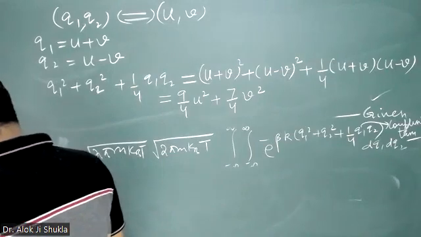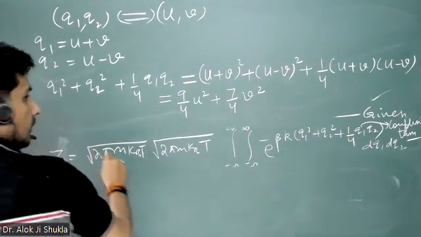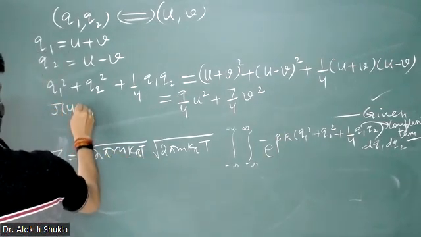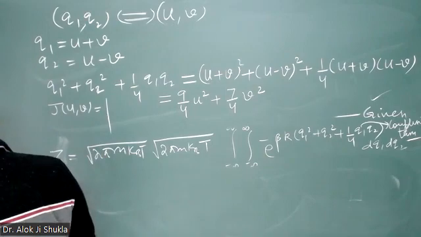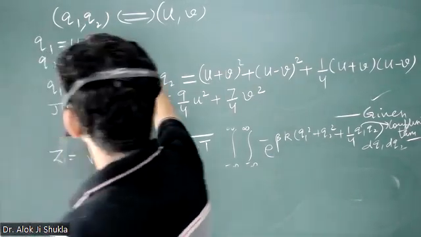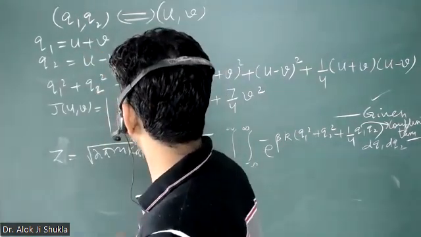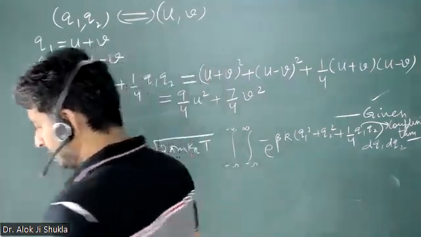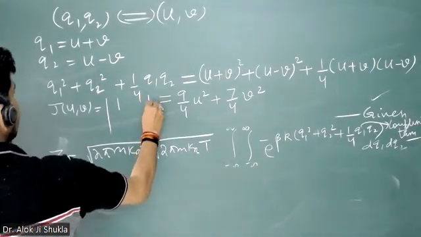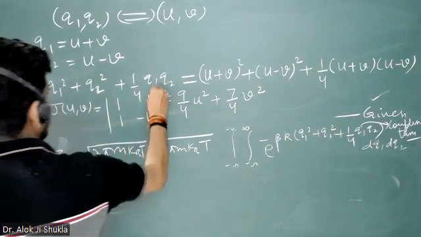And the Jacobian value of J(u comma v) is equal to, so derivative करो, dq1 by du, dq1 by dv, dq2 by du and dq2 by dv.